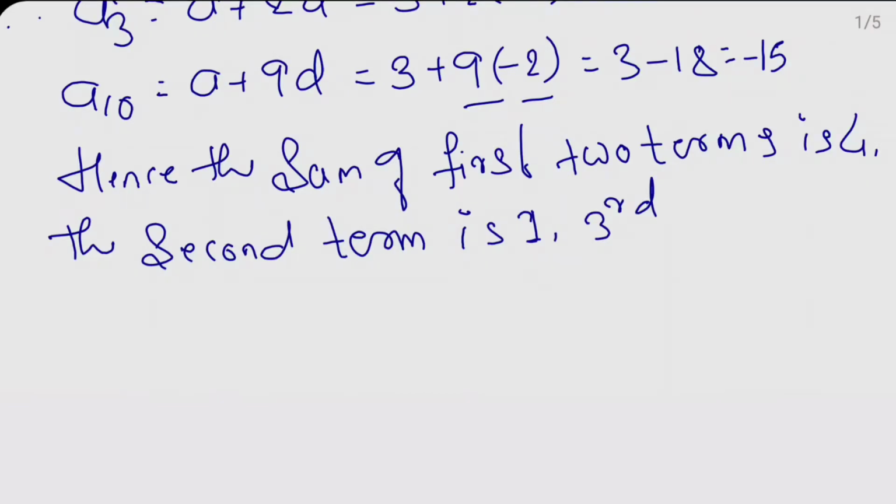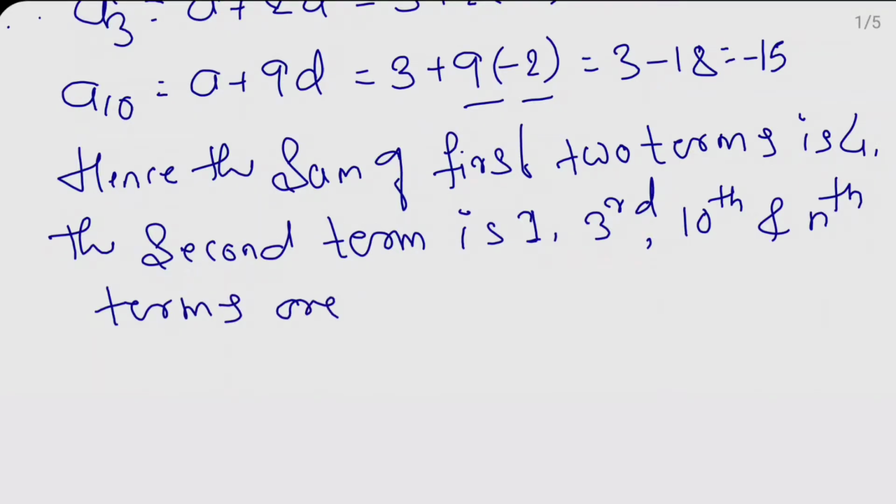Third, 10th and nth terms are minus 1, minus 15 and 5 minus 2n respectively.